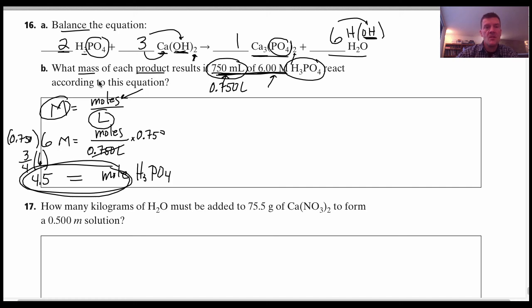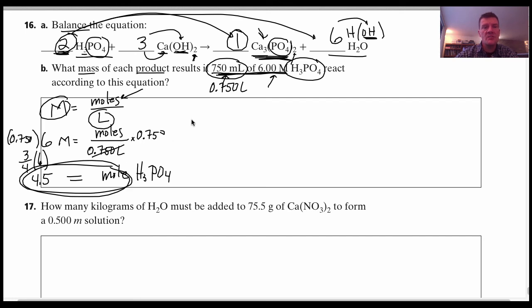Okay, well, we want to find out how much of this product and how much of that product are produced. Well, notice the H3PO4 and the calcium phosphate, or the Ca3(PO4)2, they react in a 1:2 ratio. Half as many moles of calcium phosphate are produced from moles of the H3PO4, the phosphoric acid.